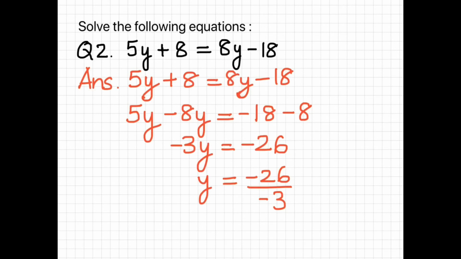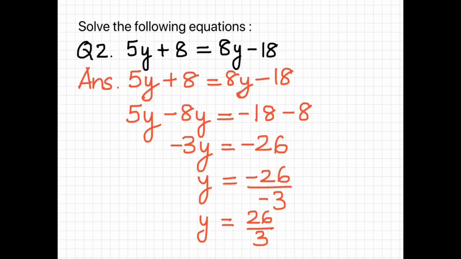Now let's simplify minus 26 by minus 3. You can see that numerator is negative and denominator is also negative. Minus divided by minus is plus. So y is equal to 26 by 3. So it is a positive fraction.